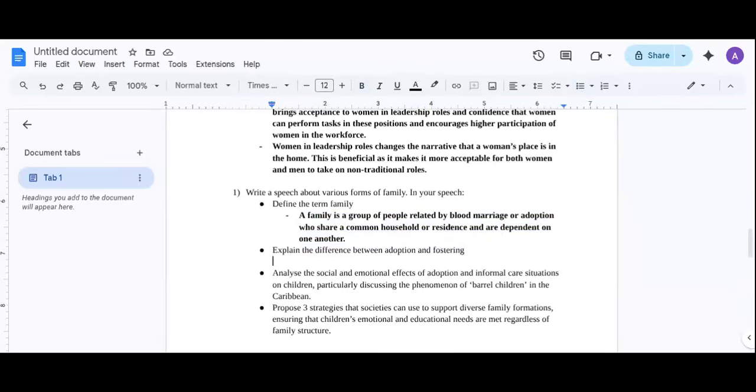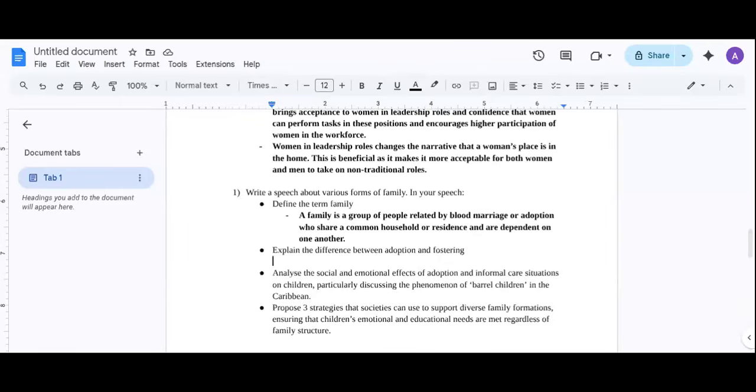You will, or you should, write a sentence or two that can flow into that, knowing the difference between adoption and fostering. So you can say something like, as the definition says there, where you have the group of people related by blood or adoption, you can say that families are formed through different means.